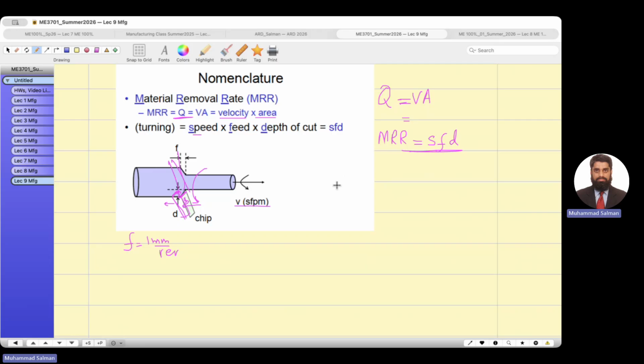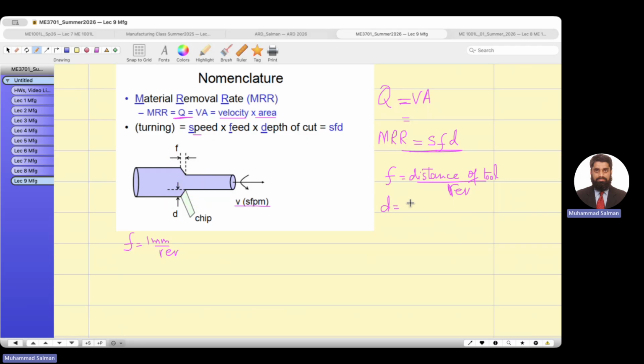I'm going to show you in an easier way later. So F is the distance of the tool per revolution. You see, I just want to show you the distance of the tool per revolution.